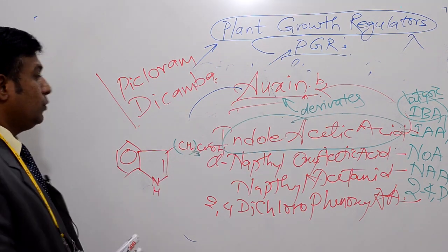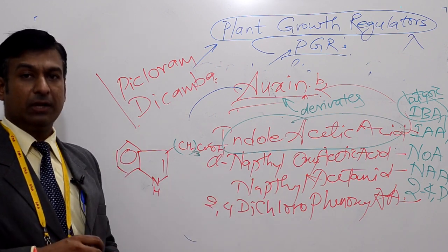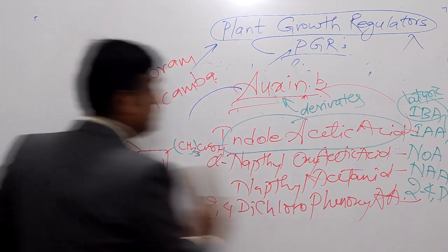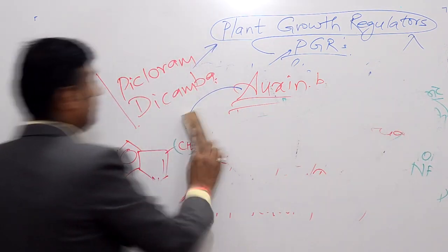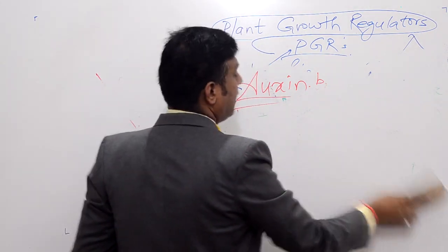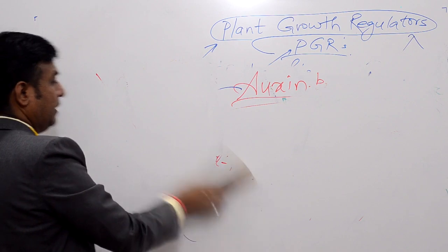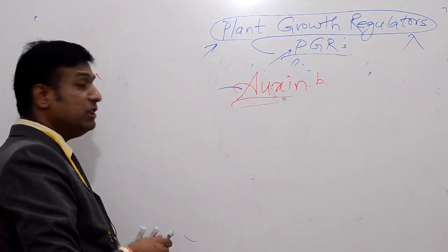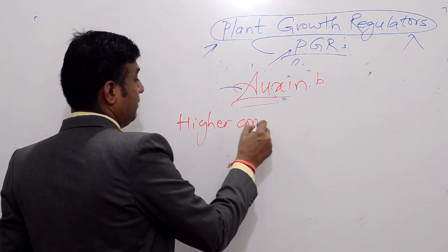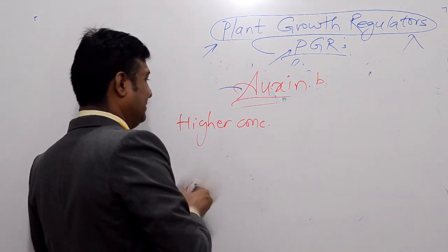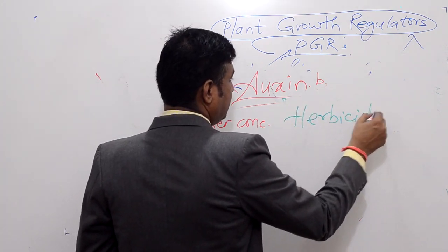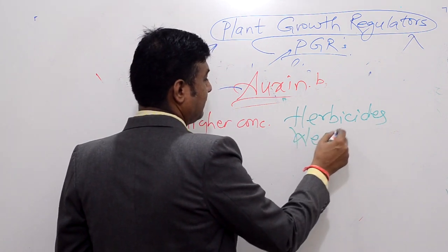You have seen the names of some of these compounds, and there is also a famous thing about them: when these hormones are used in small concentration, they work as hormones, they are root inducing, showing their action. But when they are used in higher concentration, they are herbicides or weed killers.